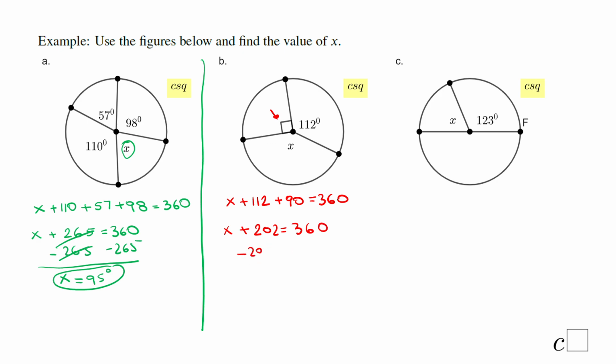Subtract 202 now, very similar to what we did in the previous part A, and we have an x of 158 degrees.